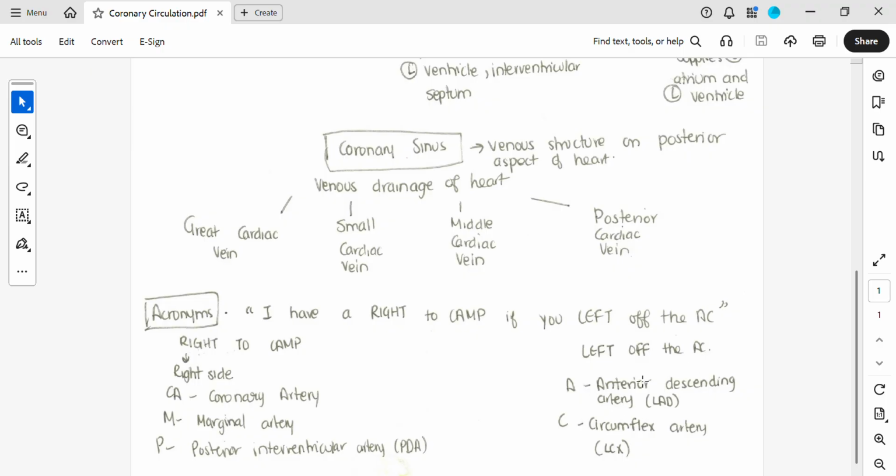AC is the anterior descending artery, which is also one of the arteries that, if it gets damaged, there is a higher mortality and more damage to the heart. That's your LAD. And then we have our circumflex artery, which is called the LCX.